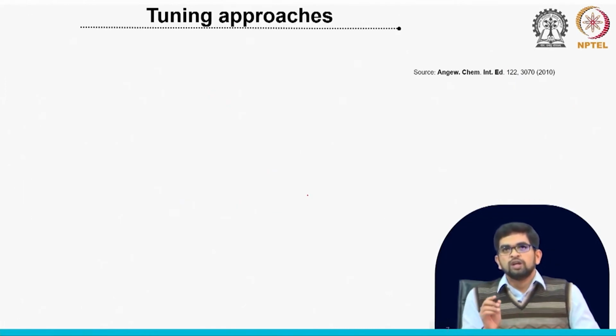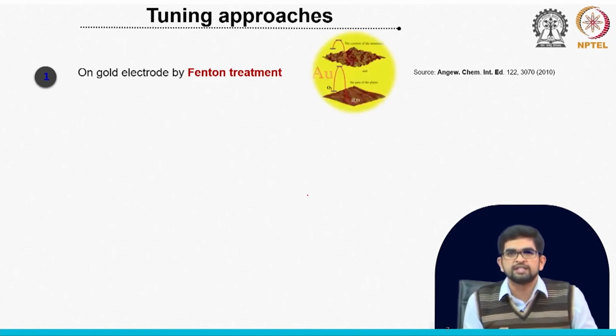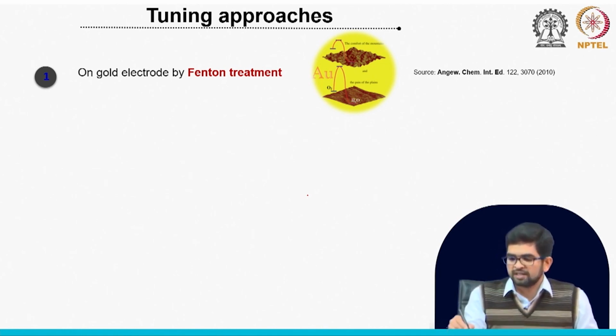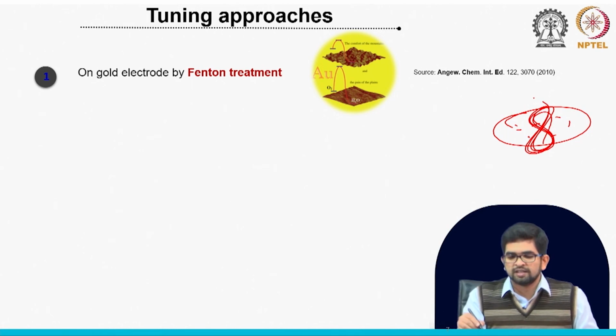So let's see all these tuning activities and their aging effect. Today I will teach you one more factor of tuning, that is phantom treatment. This is again some tuning, and we will check the storage effect on the catalytic activity. As I told, just after mechanical polishing with alumina, you can see the catalytic activity.